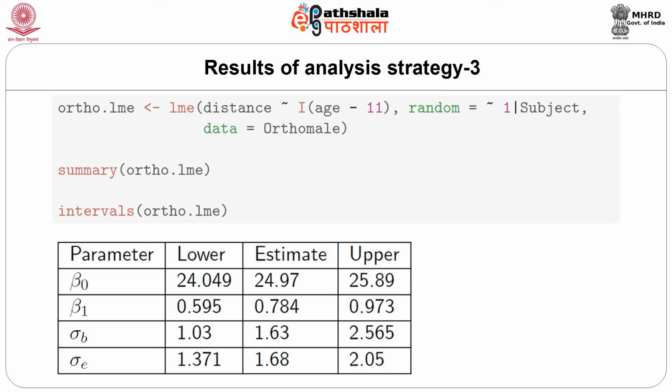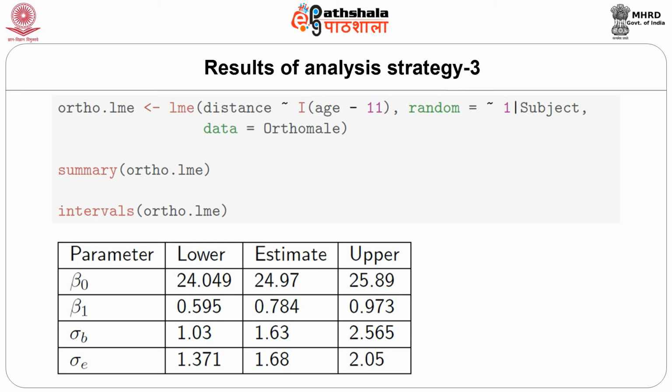This looks very similar to the lm command, but we have an extra argument called random. Here I am specifying random is explained by 1 given subject. That means 1 stands for the intercept. So, I have a random effect for each subject, and the data is the Orthodont male data that needs to be used.